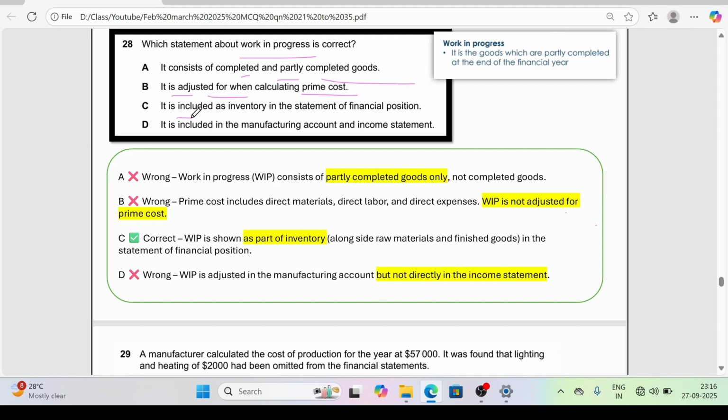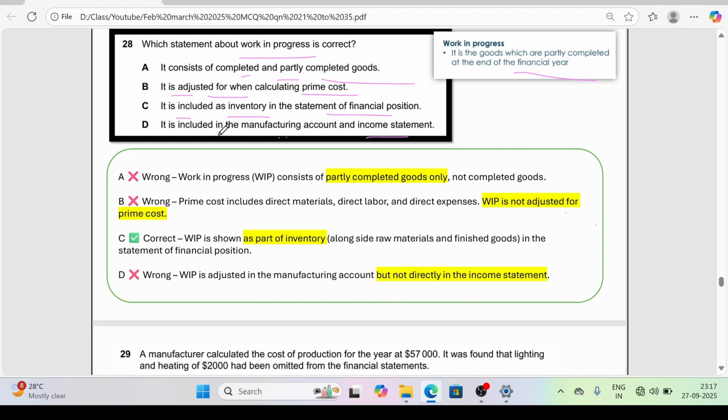Option C, it is included as inventory in the statement of financial position. And option D, it is included in the manufacturing account and income statement. Before that, what is the meaning of work in progress? Work in progress is the goods which are partly completed at the end of the financial year. So it's in the manufacturing account.